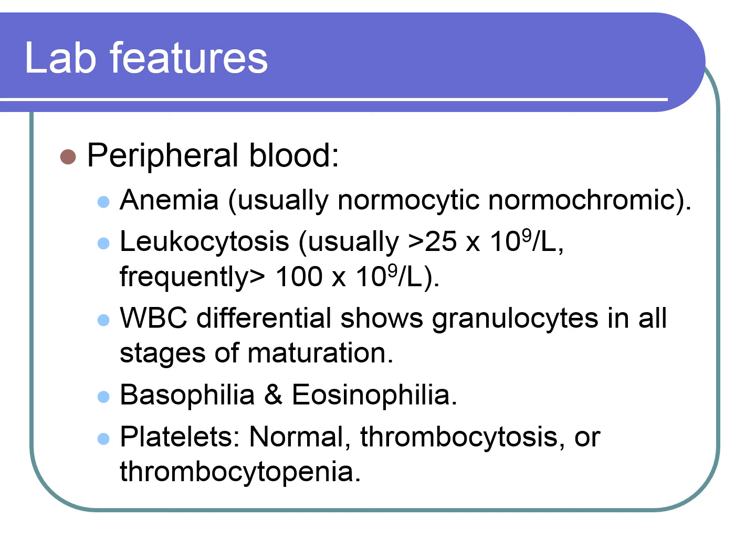Usually the patient presents with normocytic normochromic anemia and very high leukocytosis, with a white blood cell count increasing above 25,000, maybe reaching 100,000. The differential shows granulocytes in all stages of maturation, with basophils and eosinophils, and the platelet count is either normal, increased, or even low.